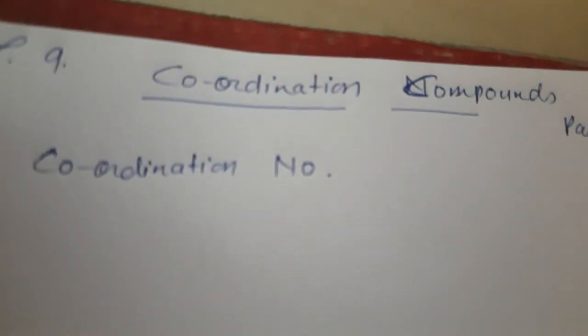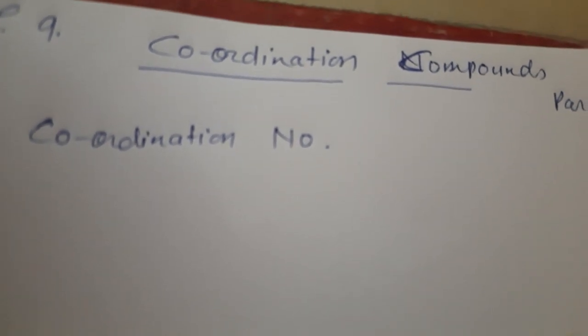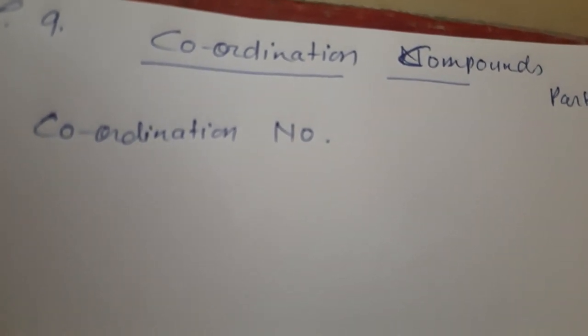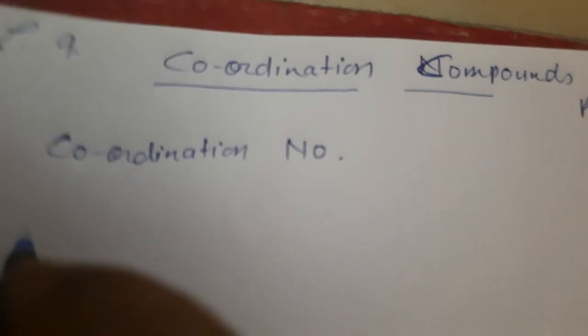As we know, the total number of coordinate bonds formed by the ligands. How to find the coordination number?